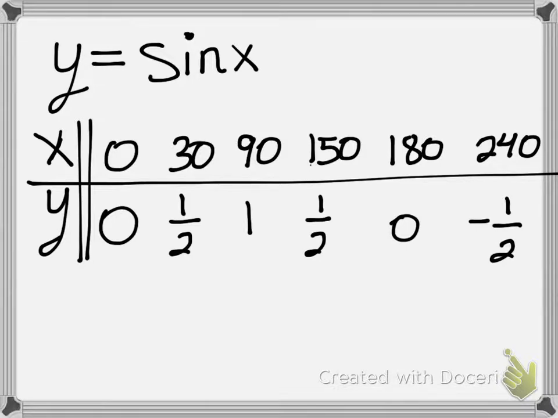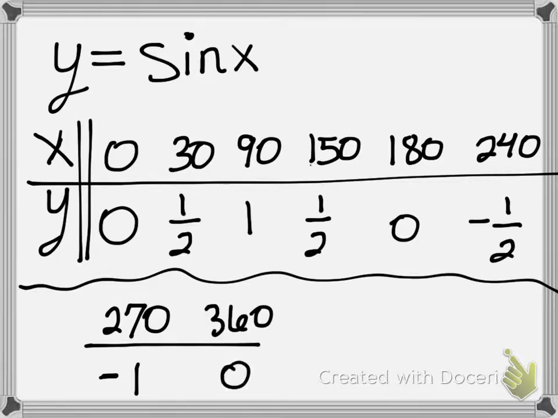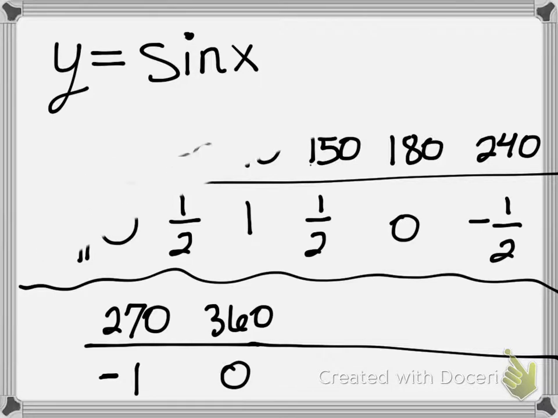So we start to see kind of a pattern. If we pick 270 degrees, that'll give us -1. And then if we pick 360 degrees, that brings us back to 0. And if we kept going like this, we would see a pattern. We'd go up to +1, back down to 0, down to -1, and keep going. So we're going to actually graph all of these values.